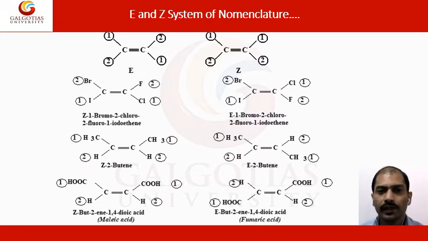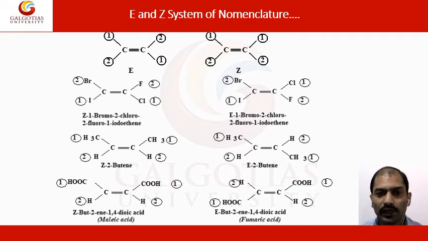Now we will see many more examples and become more confident about how to designate them with E and Z nomenclature. This is quite an easy way of designating molecules. Here, if you see 1, 2 and 1, 2, these are opposite to each other. You just have to look with respect to the carbon-carbon double bond.